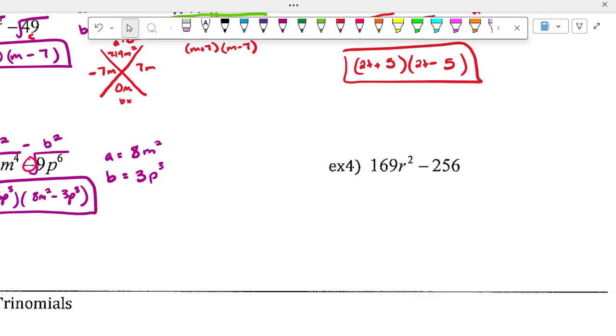Trust your gut. Remember, just finding A and B, you basically have a factor. You just got to separate the 2 terms by a plus and a minus. If you think you got an answer, compare with your group.